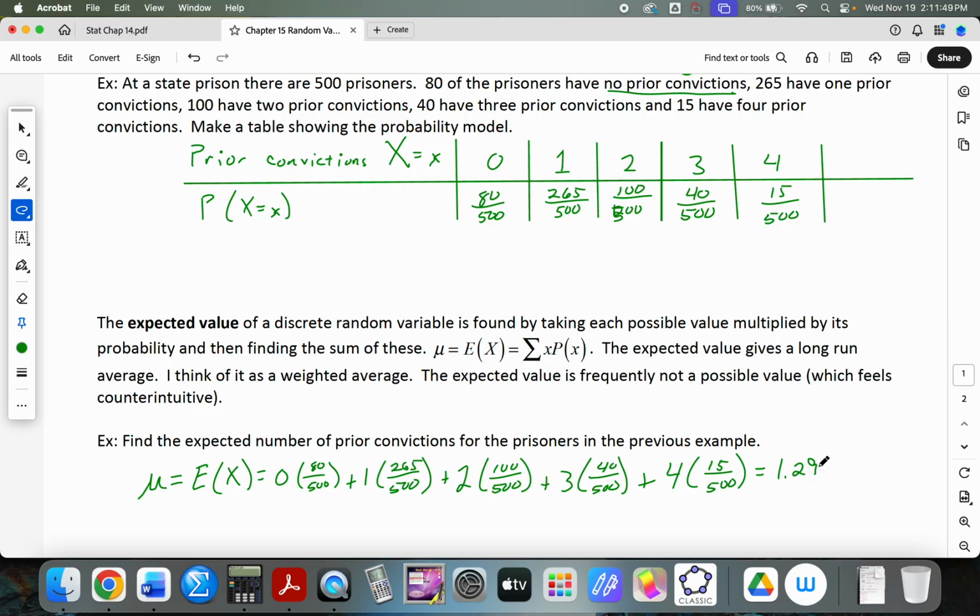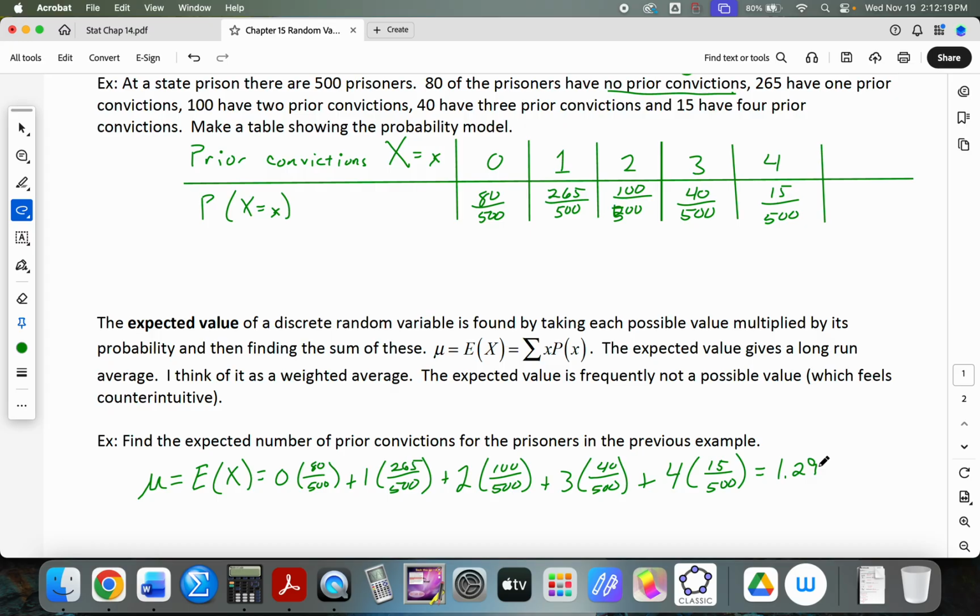I do understand part of why they call it expected value, because you can use that to help you figure out things. For example, in your book, in the reading tonight, they talk about selling insurance, and they figure out the expected profit from one particular insurance policy that's sold.